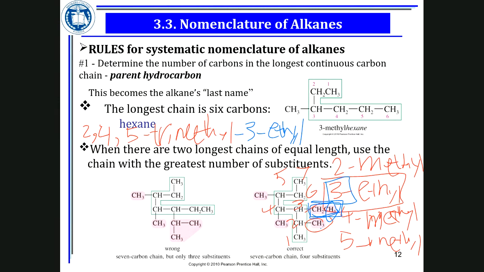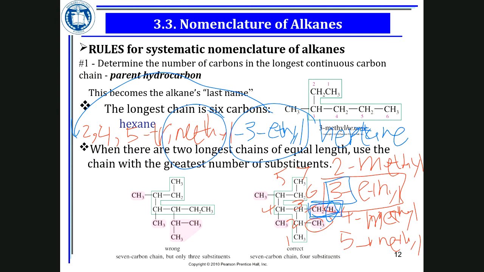Now, which one should come first? Ethyl should come first, or methyl should come first. That's another rule for IUPAC. If you have different types of branches, you have to follow alphabetical order. And in this case, ethyl must come first.